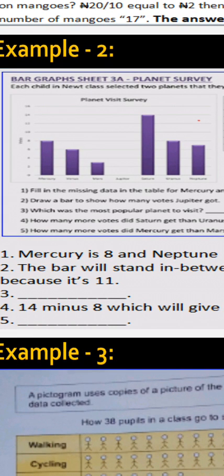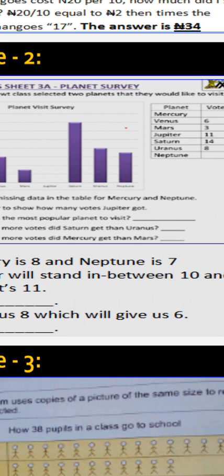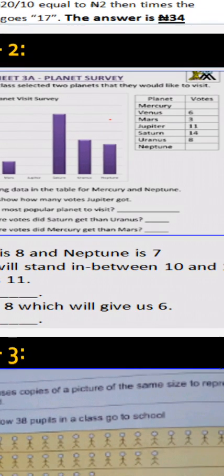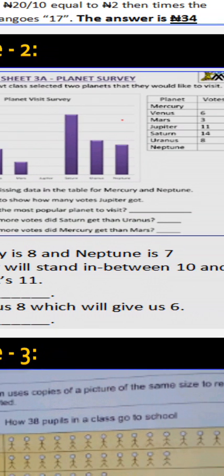Fill in the missing data in the table for Mercury and Neptune. So it means that in the table here, that's towards my right now, Mercury votes, we don't have any vote. Then Neptune, we don't have any vote, but we can go by the bars to get our number. With that, Mercury is 8, then Neptune is 7.